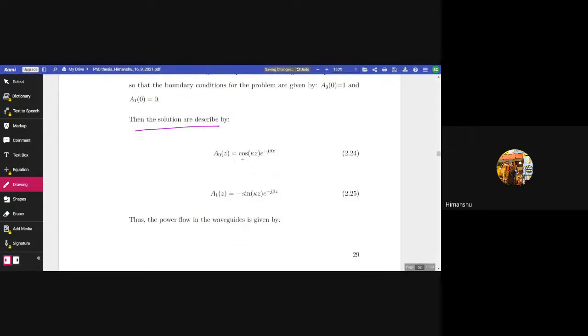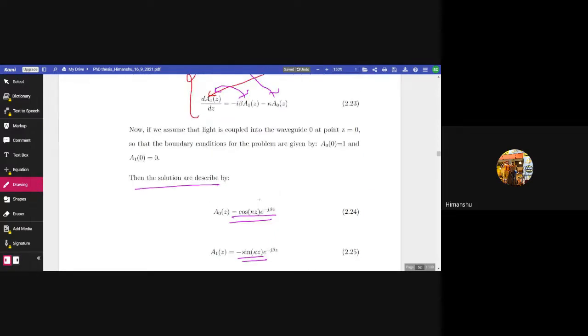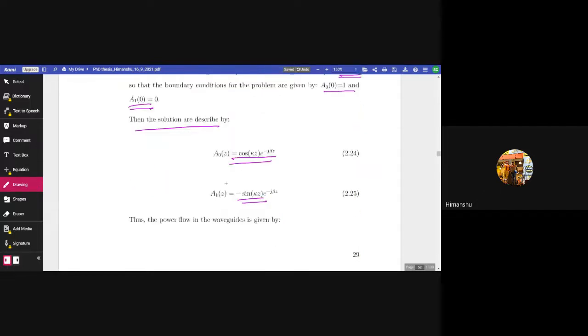Now, if we assume that the light is coupled into waveguide 0 at z equals 0, the boundary conditions of the problem are given by A0(0) equals 1 and A1(0) equals 0. Then the solutions are described by A0(z) equals cos(kz) e to the power minus beta z, and A1(z) equals minus sin(kz) e to the power minus j beta z.